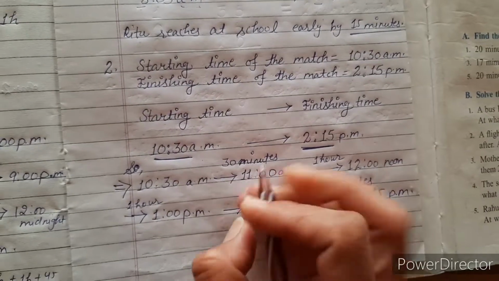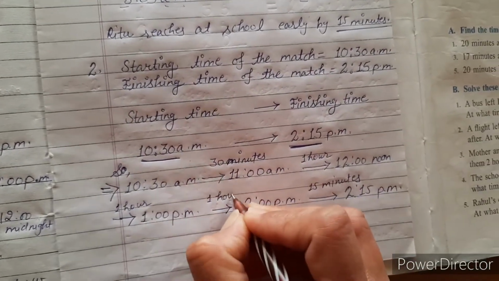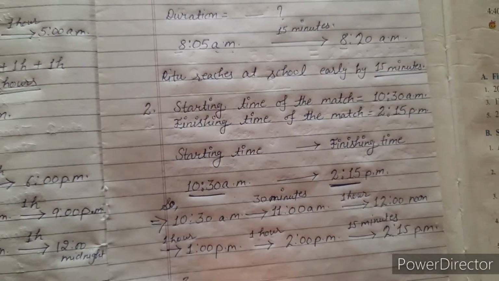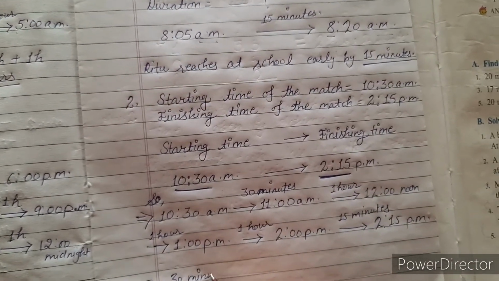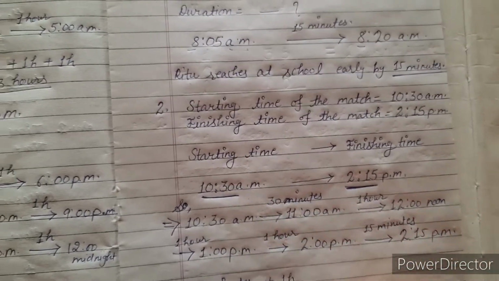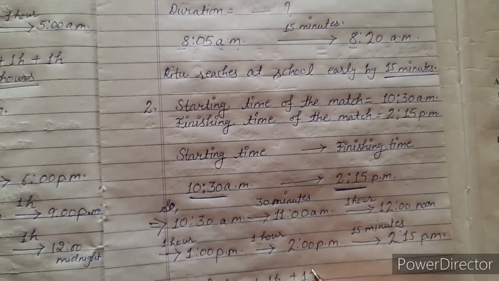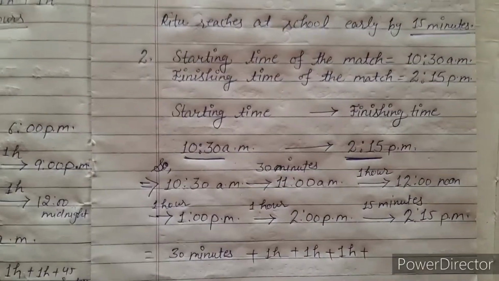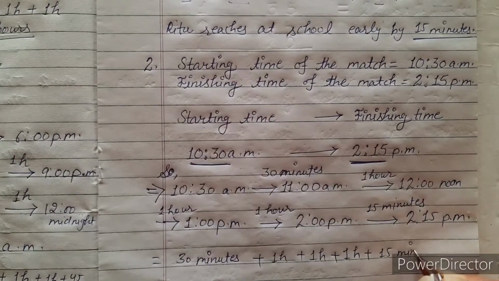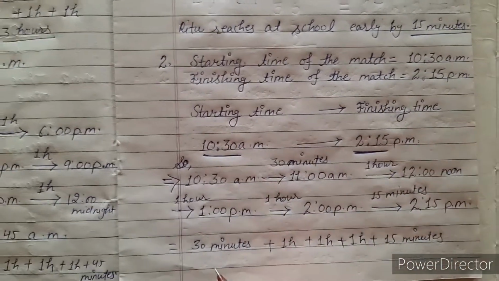And 1 to 2, it is 1 hour. So now count the duration. Here we have 30 minutes, then this 1 hour, again this 1 hour, here 1 hour, then these 15 minutes. So how to find out the complete timing?